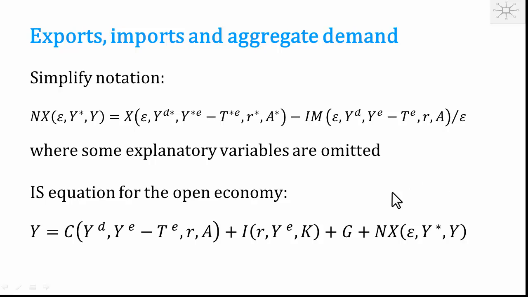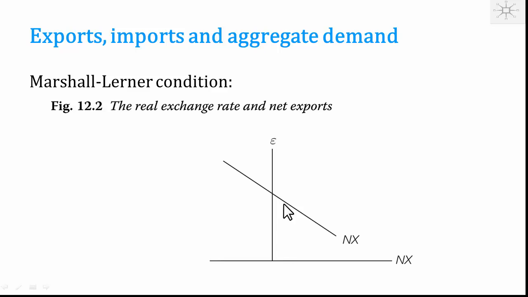And what are the effects here, the signs of the derivative? Well, if epsilon increases, that means that the domestic goods become more expensive. And that is going to reduce the exports and increase the imports. So you would think that as the real exchange rate increases, net exports will decrease.